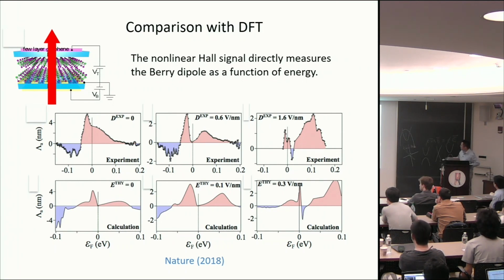Again, we compared it with the DFT calculation of the Berry curvature dipole, and experimentally you can change the band structure by applying a displacement field, right? And the Berry curvature dipole changes with displacement field, and experimentally the measured second harmonic voltage also varies with the applied field. So the experiments and theory are qualitatively in agreement with each other.